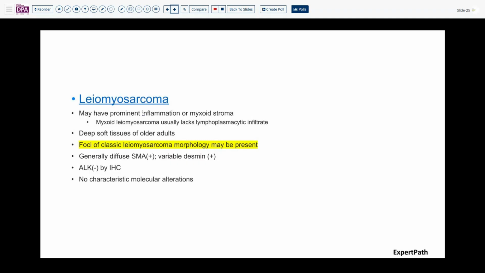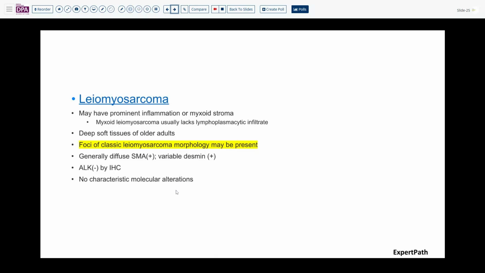Of course, leiomyosarcoma has other variants. They can also show myxoid stroma and even some prominent inflammation. And they usually occur in a deep soft tissue mass and also in the GI tract. And usually you will see this classic leiomyosarcoma morphology, even when you have the myxoid leiomyosarcoma.